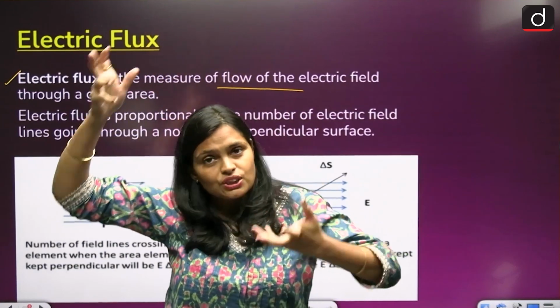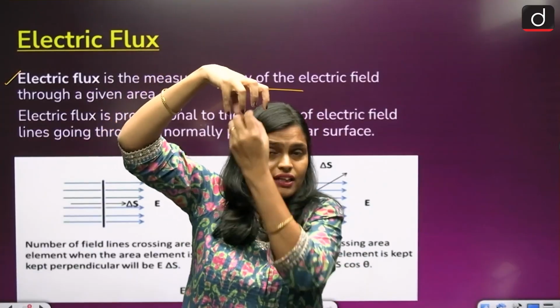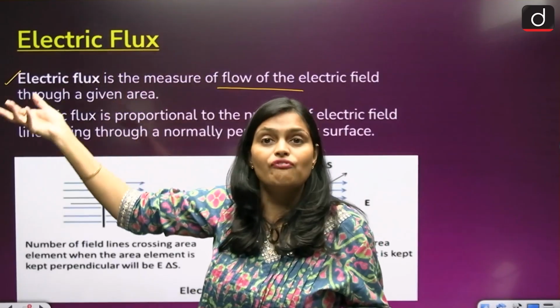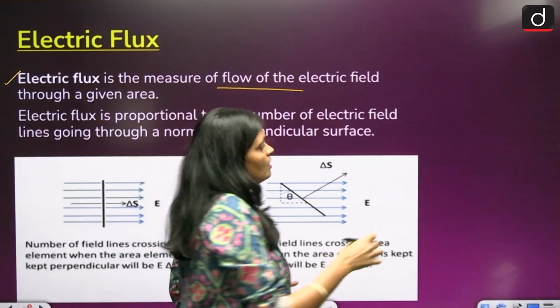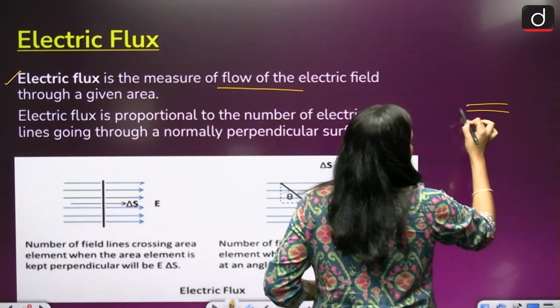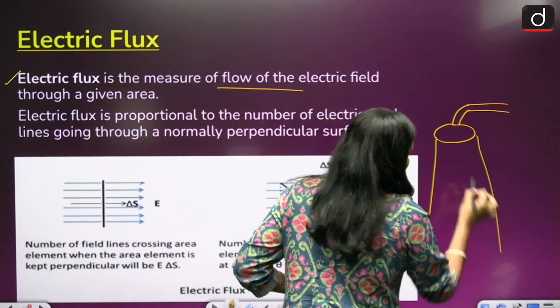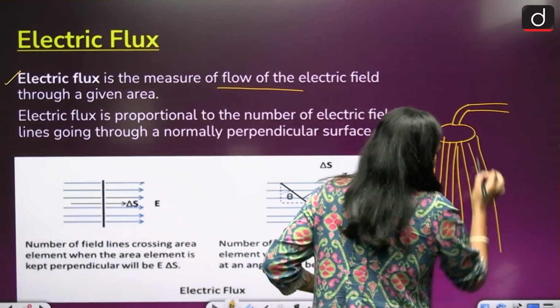So just imagine that shower tap is your object, and the water coming out from that shower is the electric field lines. Like suppose this is your tap. From here, let's say the water is coming out like this, like this, like this.